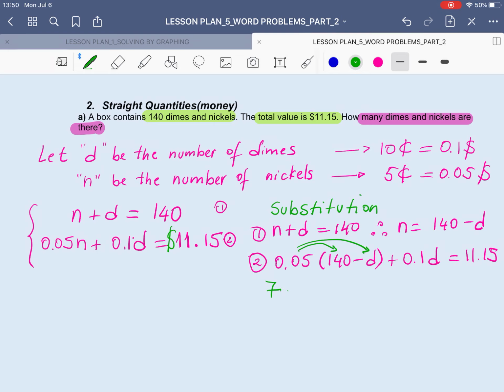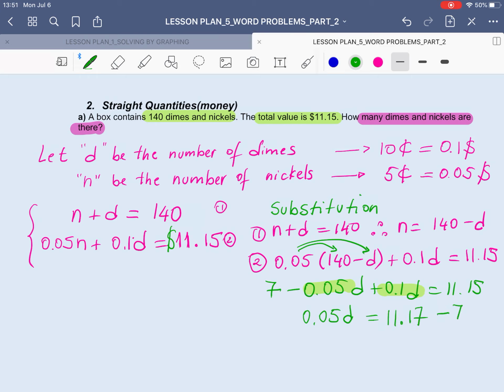And then minus 0.05 D plus 0.1 D equals 11.15. And then negative 0.05 D and 0.1 D are like terms, so we'll add them together, and that will give 0.05 D positive.